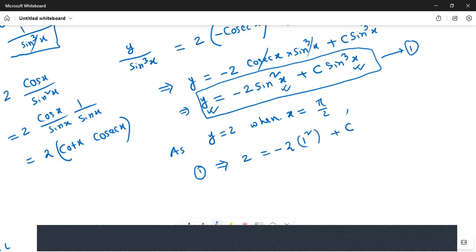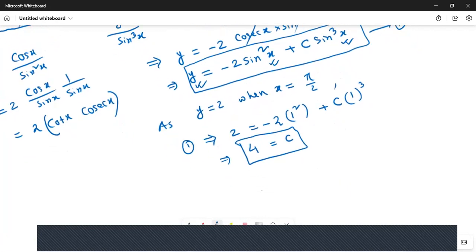C sine cube, that is also 1. So finally, this will be 2 minus 2 will be 4, and C only, I think C equal to 4. Is it correct? Check. Yes, that's right. Correct. Okay, fine.